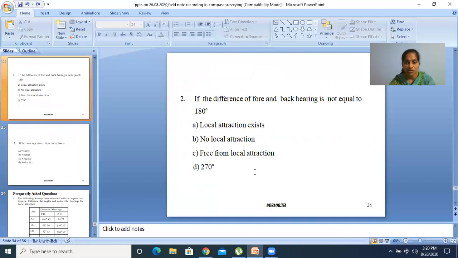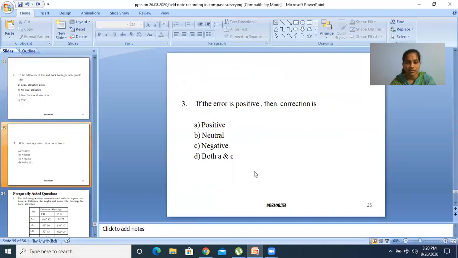If the difference is not equal to 180, that means local attraction exists. If it is equal to 180, it is free from local attraction. So if the forebearing and backbearing difference is not 180, the stations are affected by local attraction. If the error is positive, then the correction will be negative.